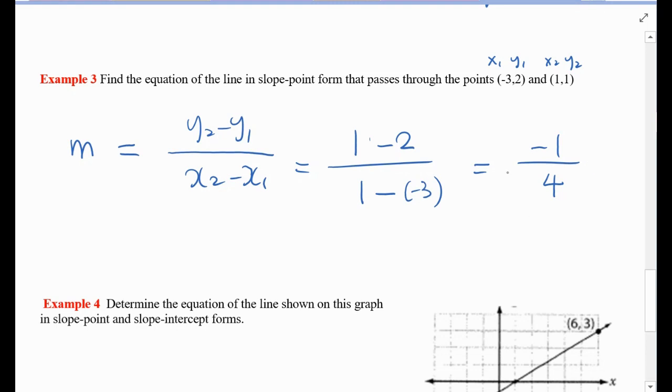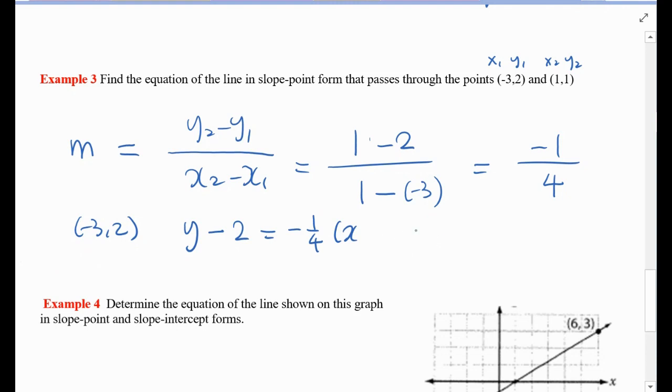And now we're going to use either negative 3, 2 or 1, 1 to find the slope point form. So let's use negative 3, 2. Then y minus the y value equals the slope times x minus negative 3.